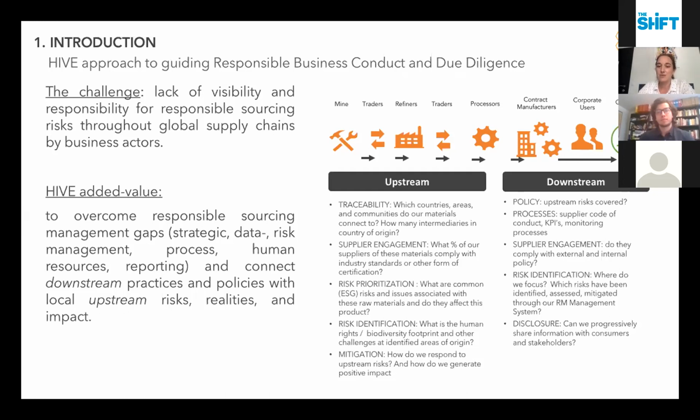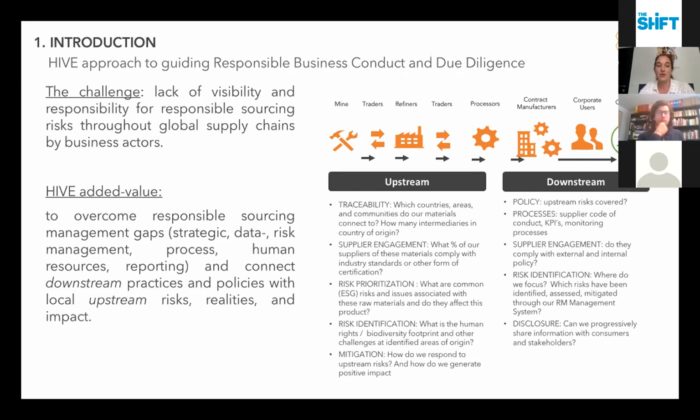And so on the right side, you also see the importance of getting a full perspective on the supply chain, and really moving beyond your first tier suppliers and gaining insights on who the actors are, how they conduct due diligence on their suppliers, but then not only to set up policy and process, but to actually follow up on issues and risk through different types of tools and approaches.